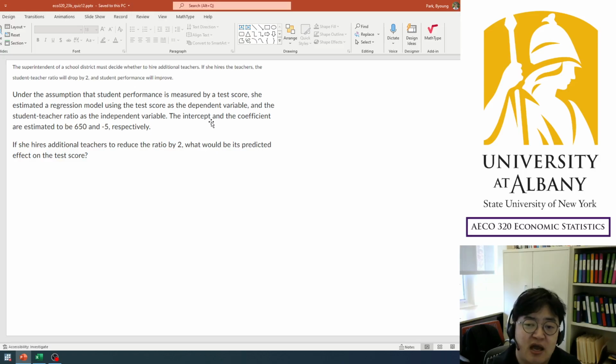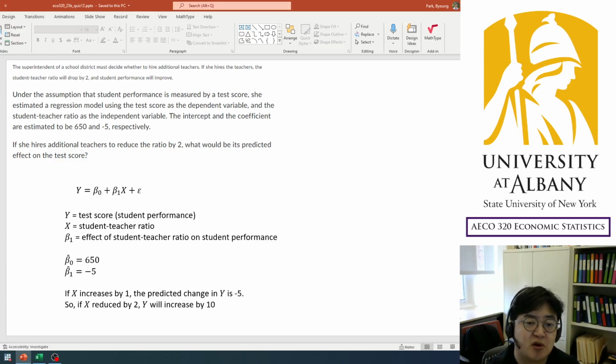The intercept and the coefficient are estimated to be 650 and -5 respectively. If she hires additional teachers to reduce the ratio by 2, what would be its predicted effect on the test score, right? So if you hire additional teachers, the student-teacher ratio will drop by 2. Then what would happen to the test score?